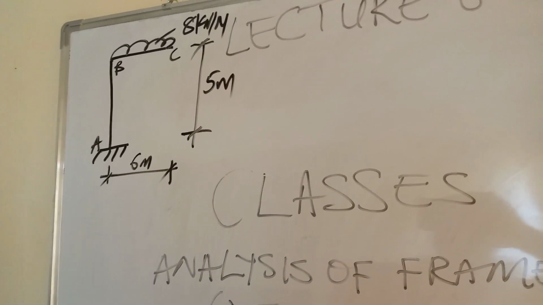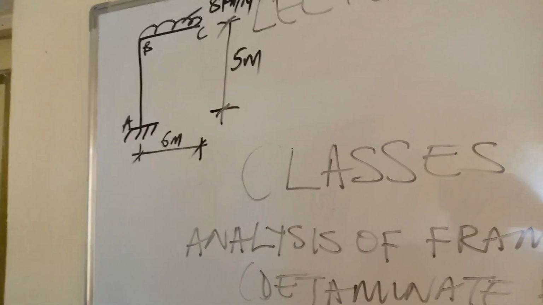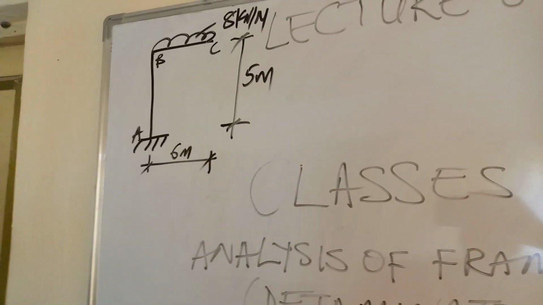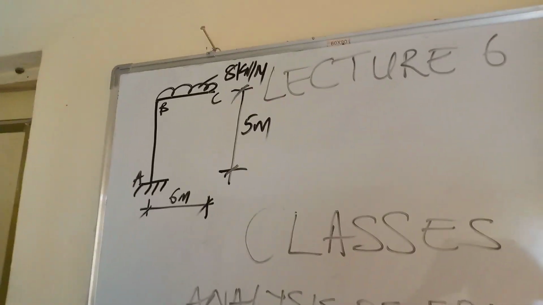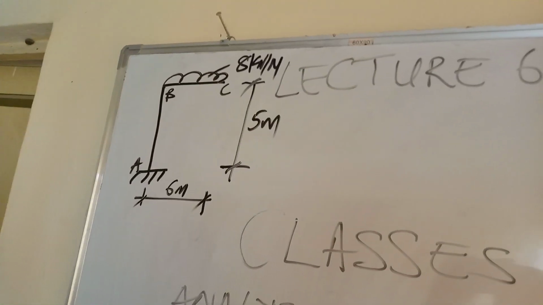Now I am to get the reaction, which is already known, then the bending moment on this structure, and also the shear force. We can also get the normal force here, because there is a tendency of normal force in this area.